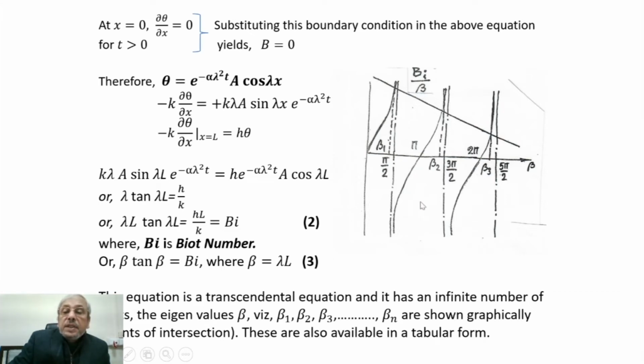You can see this is the tan beta versus beta plot, and the eigenvalues are beta 1, beta 2, beta 3. These are the points of intersection with this line Bi by beta. These eigenvalues, depending on the value of the Biot number, are also available in tabular form.